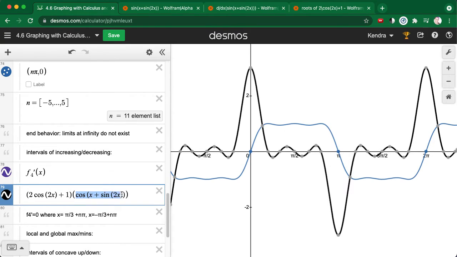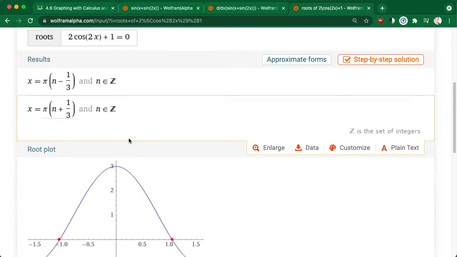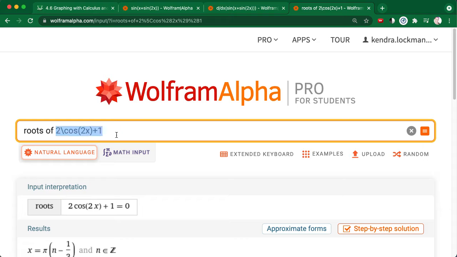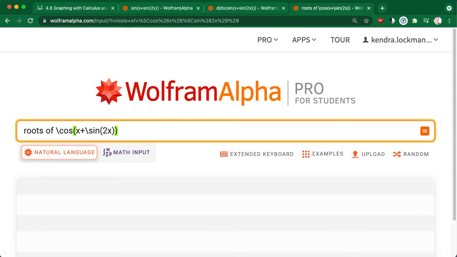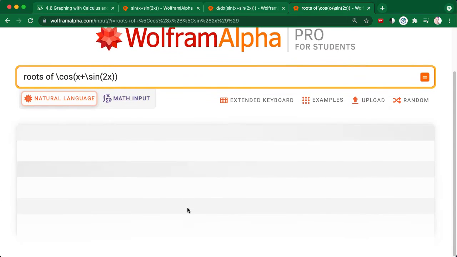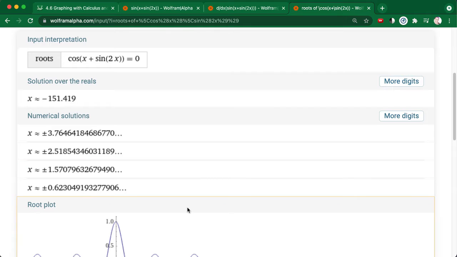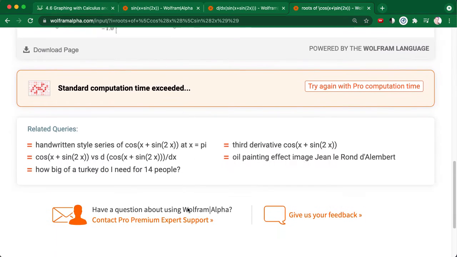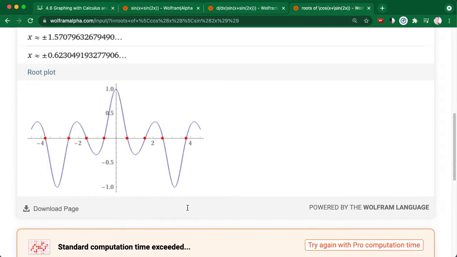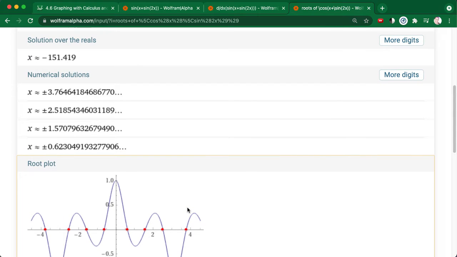Then let's look at the roots of this little monster. I'm going to put that in here, roots of that stuff. See what Wolfram Alpha would give to us. Ooh. Okay, Wolfram Alpha is not giving us any exact values. It's really giving us approximate values with decimal approximations.